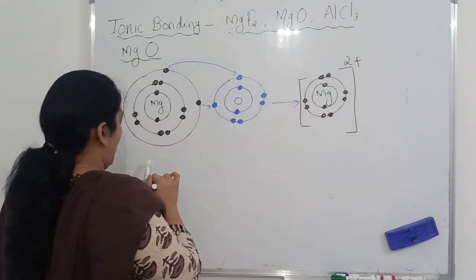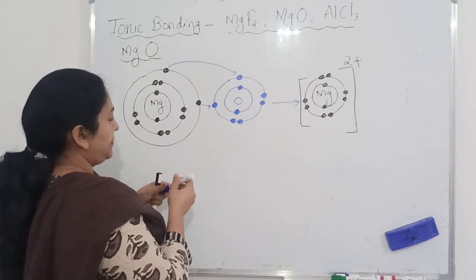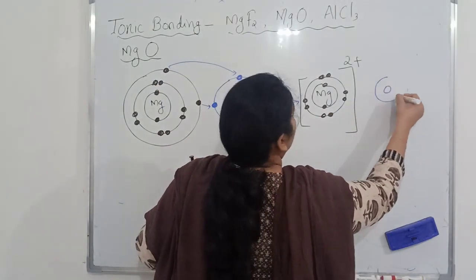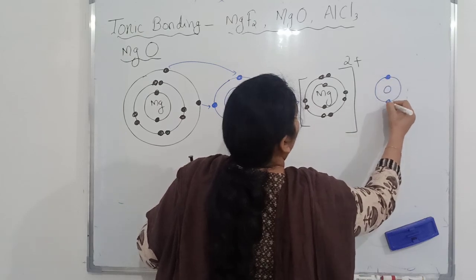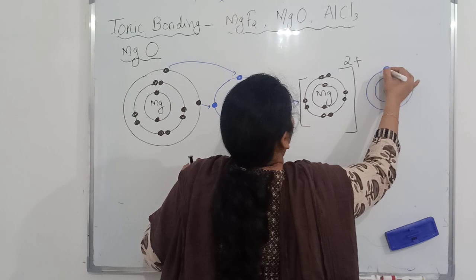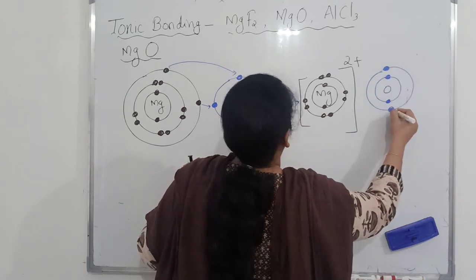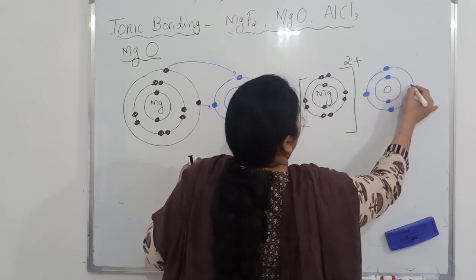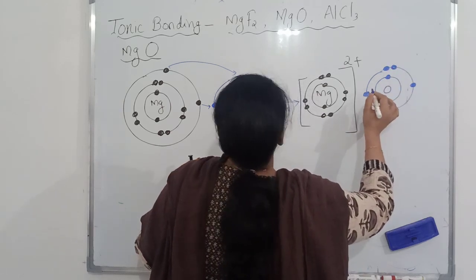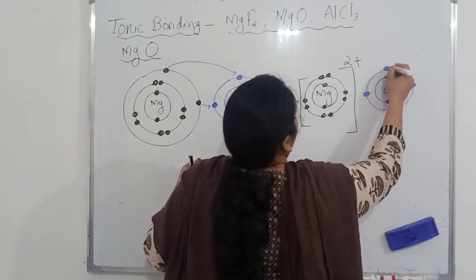And for oxygen, what happened? Oxygen, first shell, 2, 3, 4, 5. Sorry, here.